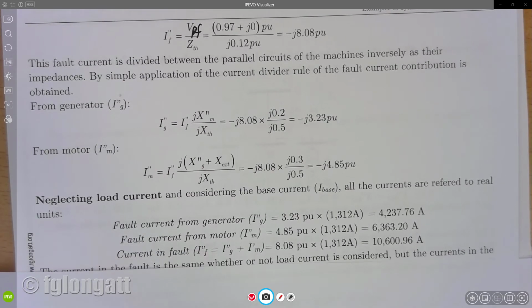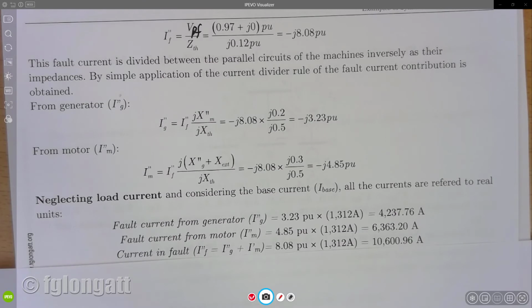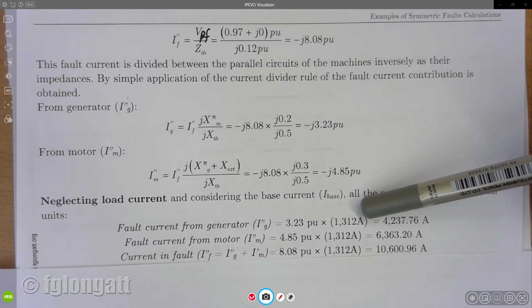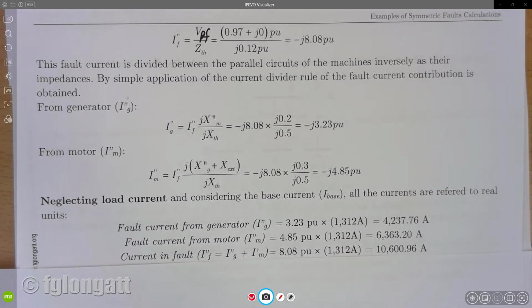Then what we need to do is calculate the real currents using the base. Remember that we calculated the current base is 1312 amps.